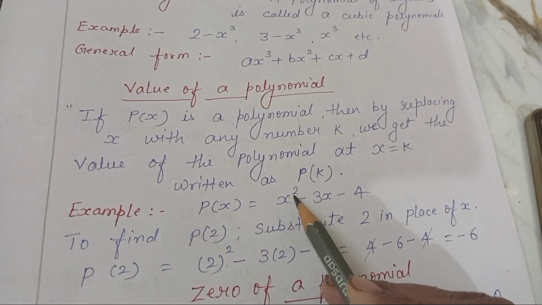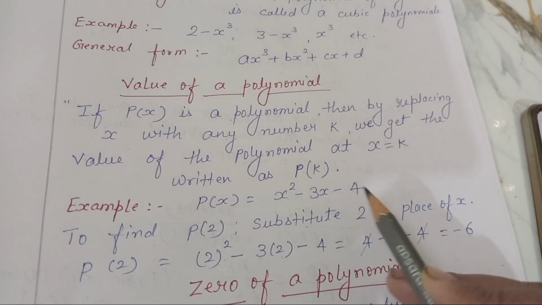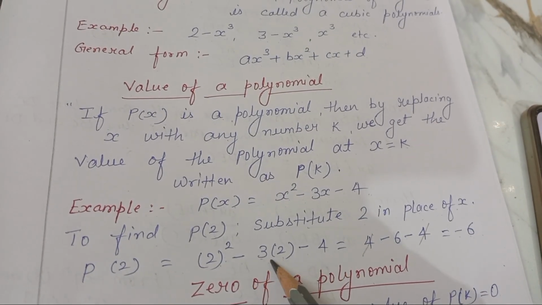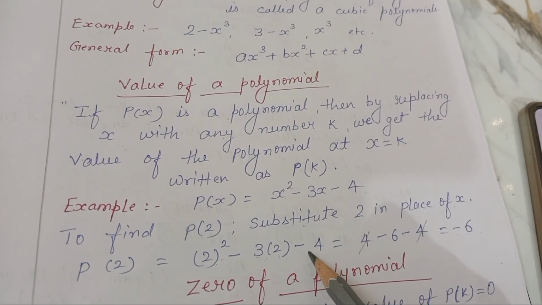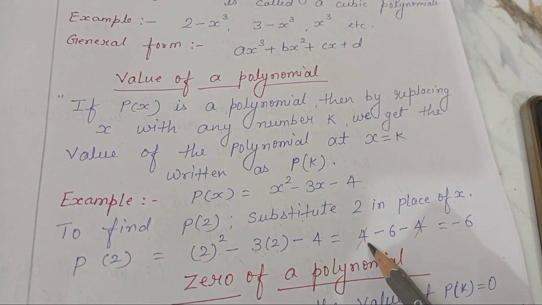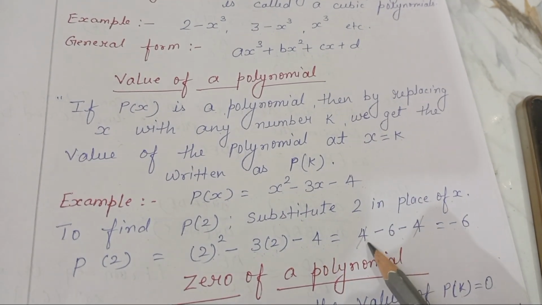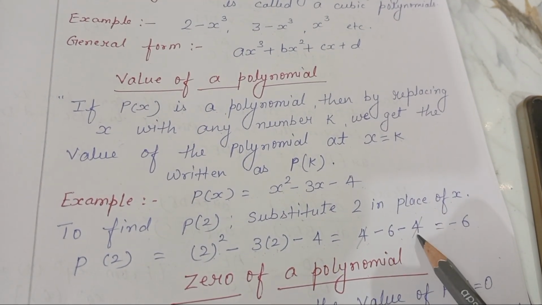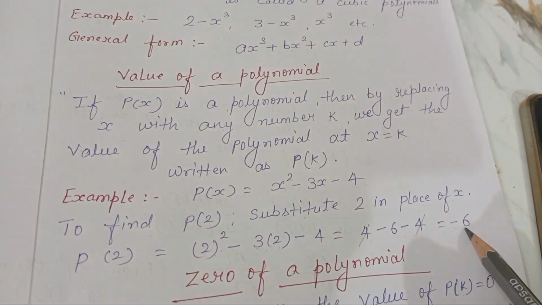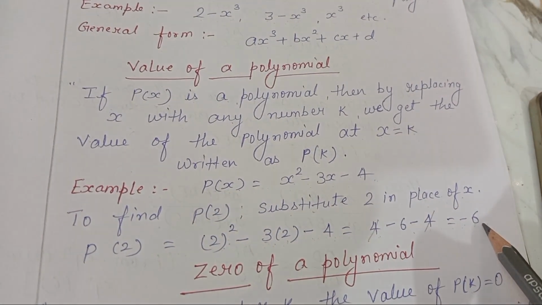Then x square minus 3x minus 4 becomes 2 square minus 3 into 2 minus 4. 2 square becomes 4, 3 twos are 6, and this negative 4. Positive 4 and a negative 4 cancel. Then it's equal to minus 6. p of 2 is equal to minus 6.